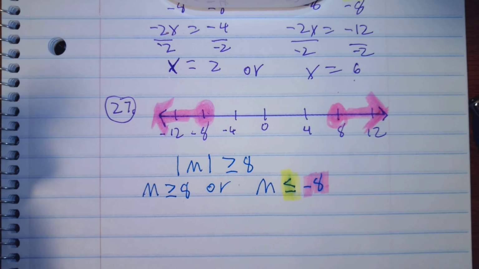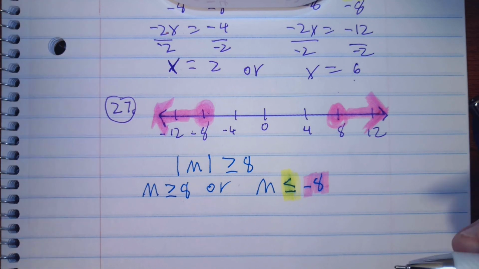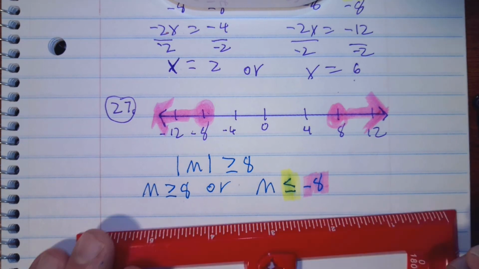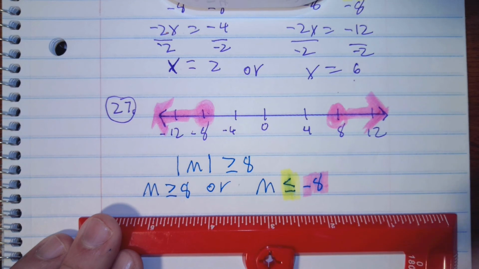So let's try another one, 28. Okay. And then I'm going to draw another line just so you can see it. Let's do it right here.